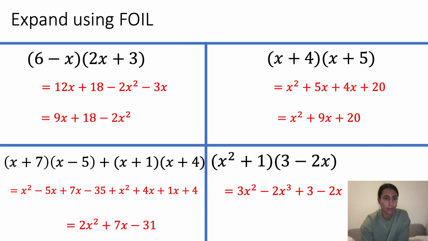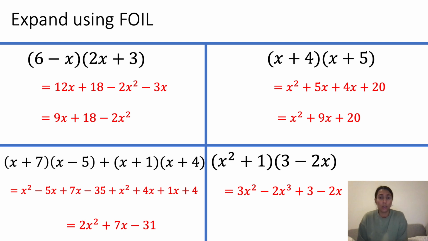If we simplify that, we would get 2x squared, because we have x squared plus x squared. And we'd get plus 7x, so you do minus 5 plus 7 plus 4 plus 1, and minus 31, which is minus 35 plus 4. So hopefully you got all of those correct.